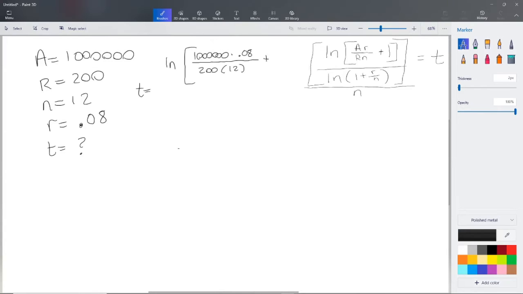And then this is going to be plus 1. Close that piece out. Divided by the natural log of 1 plus 0.08 divided by 12. And then this whole thing is getting divided by 12.